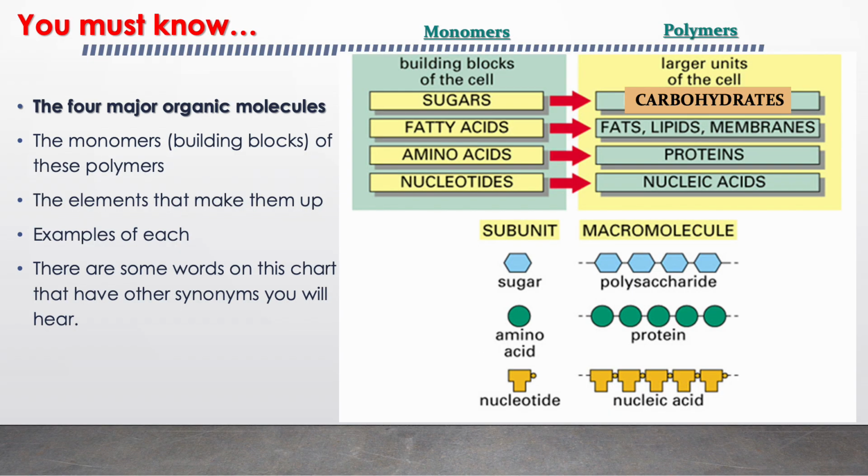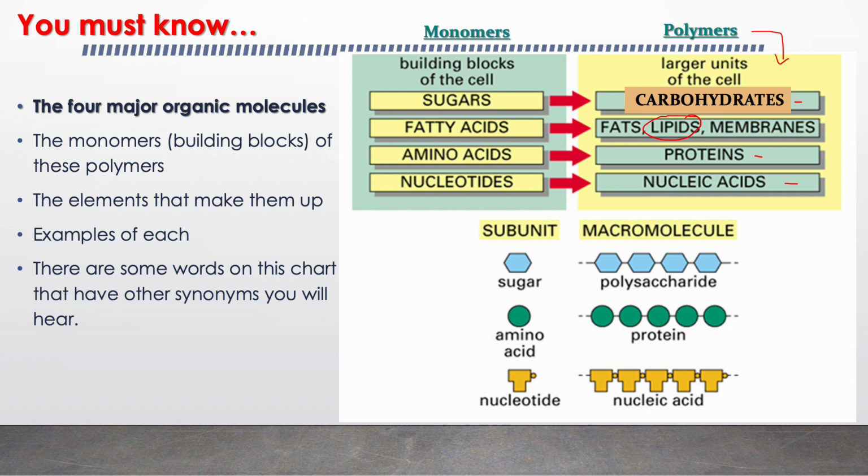Okay, when we look at our macromolecules, it's important to note that our macromolecules are polymers. These are our macromolecules: carbohydrates, our lipids, proteins, and nucleic acids. Those are the polymers, but those are our 4 macromolecules.